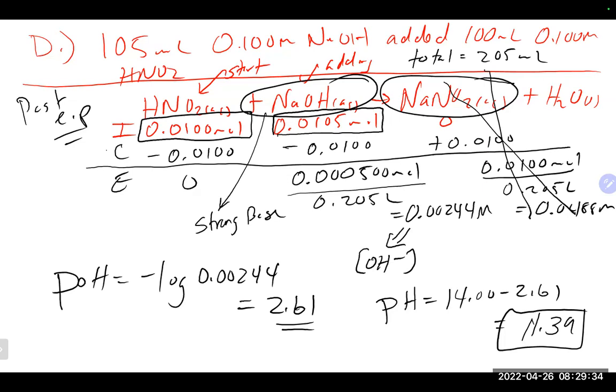Any questions on that part of the calculation there? Question on titration calculations in general. As we talked about, it's really important first off to identify what type of titration you're dealing with.